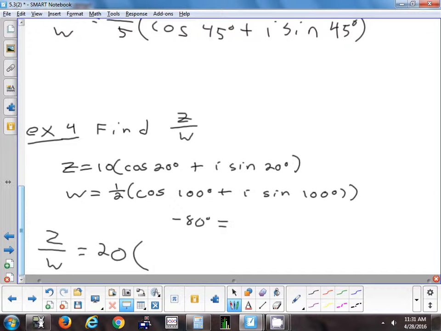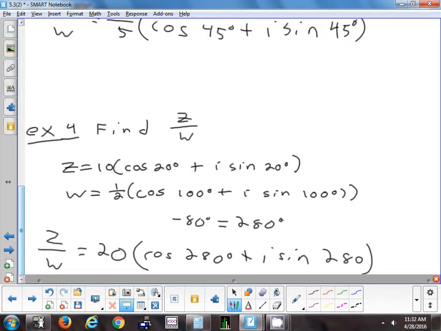So I'm going to write my angle as 280. Any question why I'm using 280? You don't have to do that if they don't say to make the angle positive, but in case they do ask you, I want to show you how to do it. All right, so 20 cosine 280, i sine 280, and you're done. Okay, questions on that one?